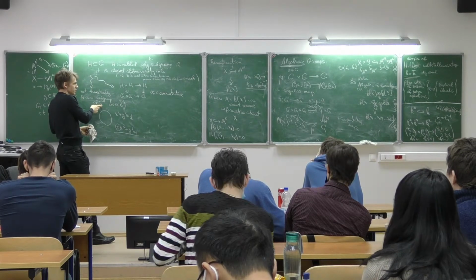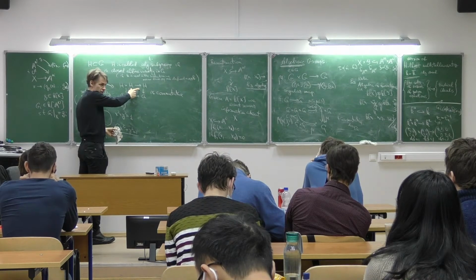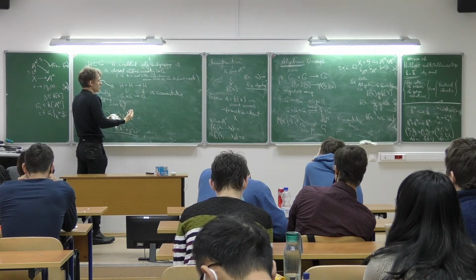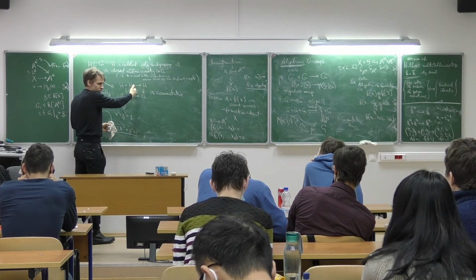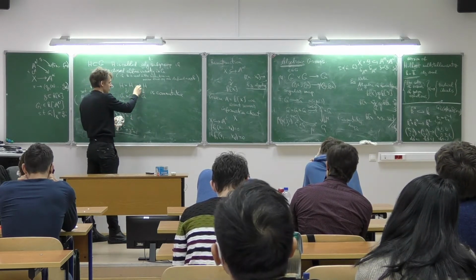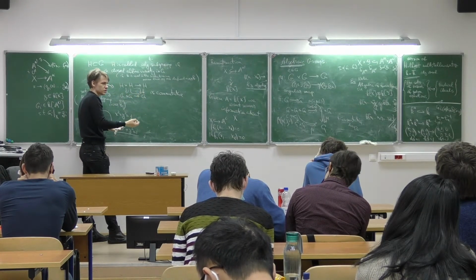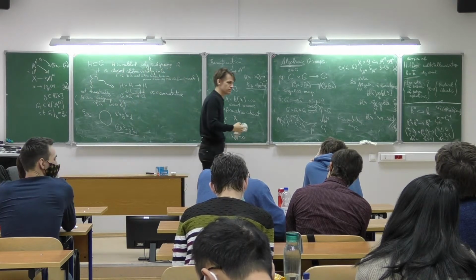Set theoretically really means that this diagram holds set theoretically. But over the algebraic closure, to check the commutativity, it is enough to check it on the points, on the set of solutions.